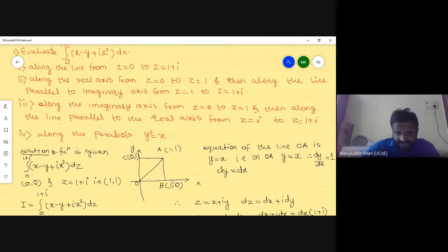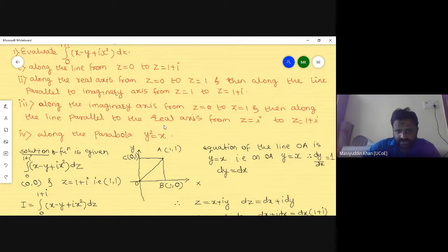The discussion here is about OB along the real axis from z equal to 0 to z equal to 1, because real axis is this part, and then the line parallel to imaginary axis means this part. So the y axis means the BA segment is being discussed, meaning first the OB segment, then the BA segment.